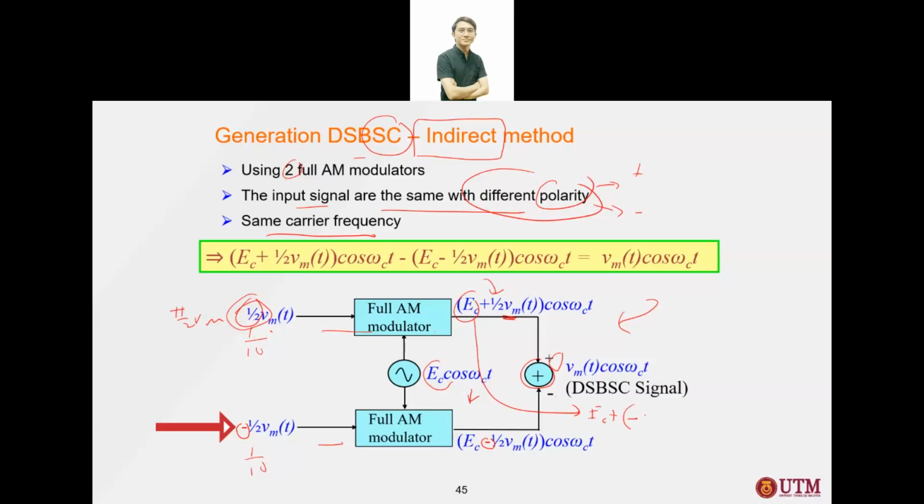So what happens is that the carrier term disappears, because Ec minus Ec.